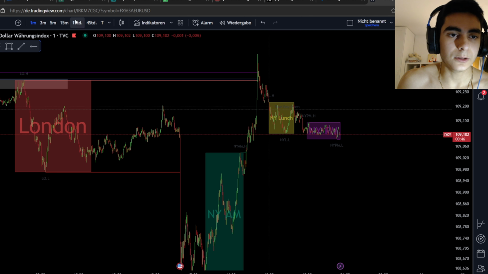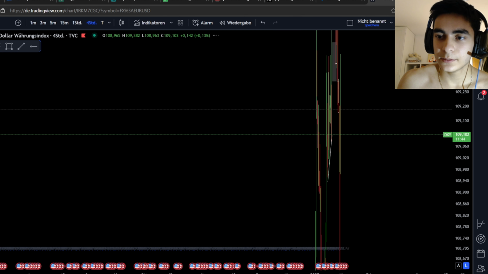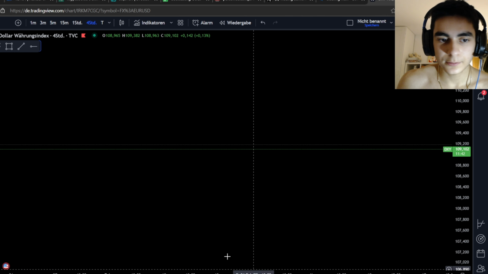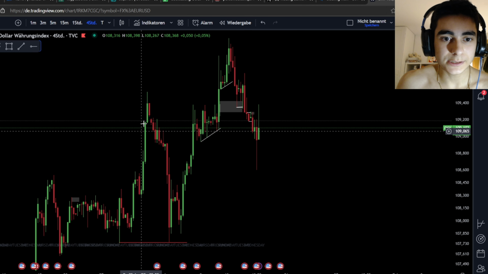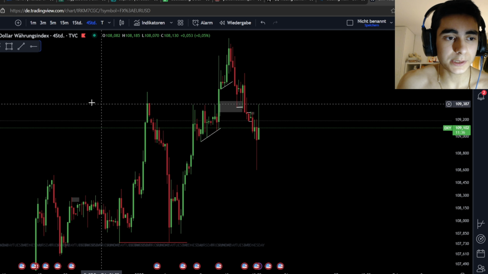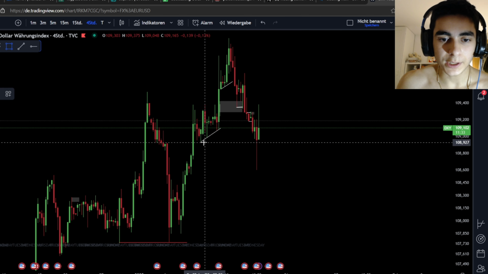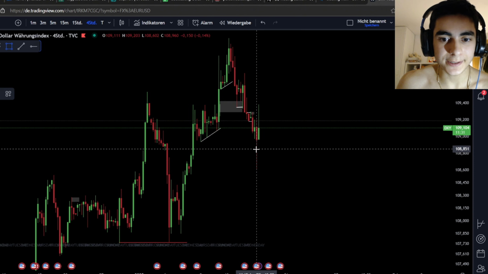If we take another look at the DXY, we can see that we're still in an uptrend. Price took all of this out, showed us a nice reaction from it.